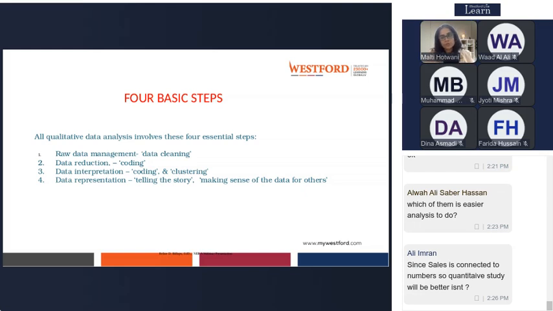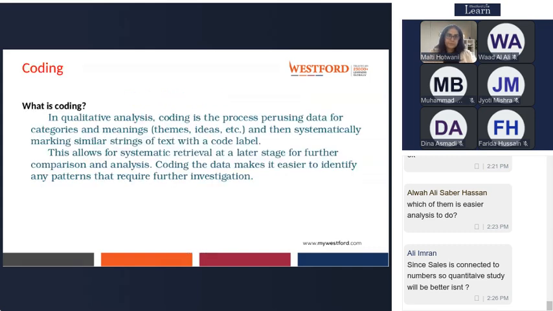You will remove those things from your data. That is called data cleaning. Then data reduction is called coding. Data interpretation is called coding and clustering. And data representation is called telling a story. So these are 4 basic steps which we will be discussing in detail right now.